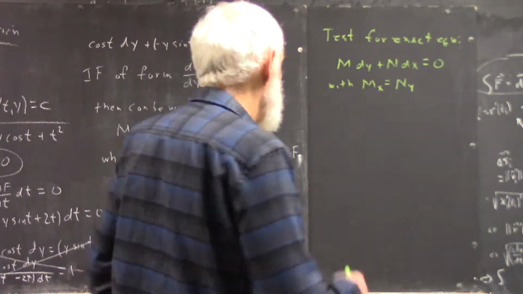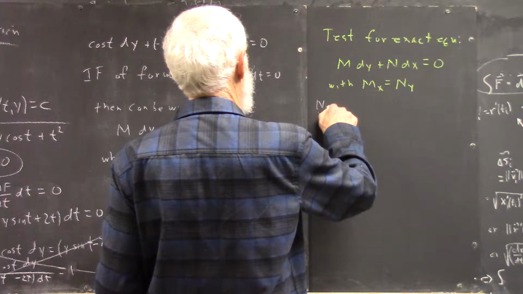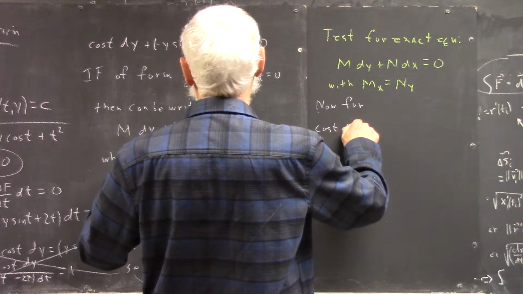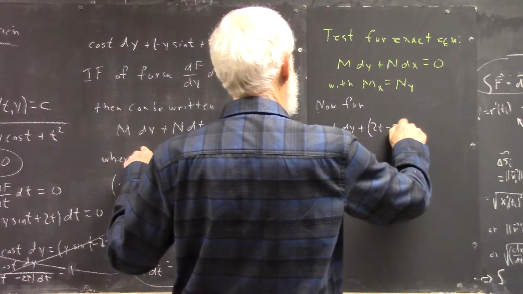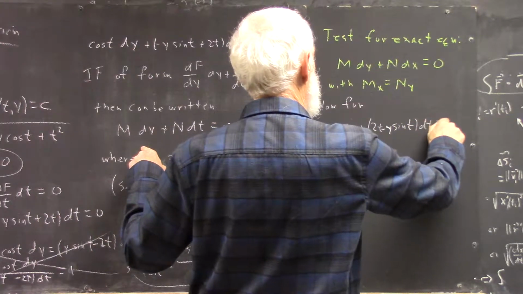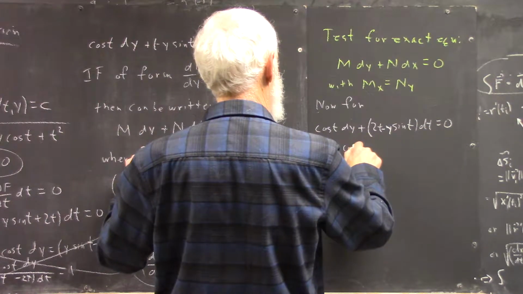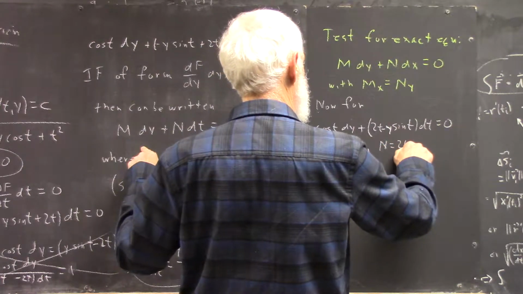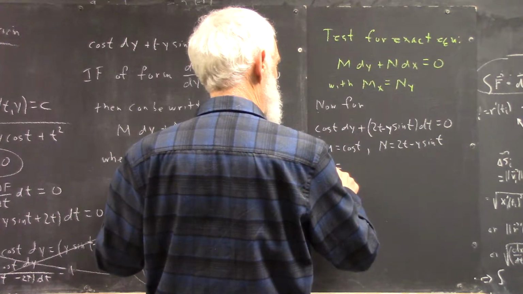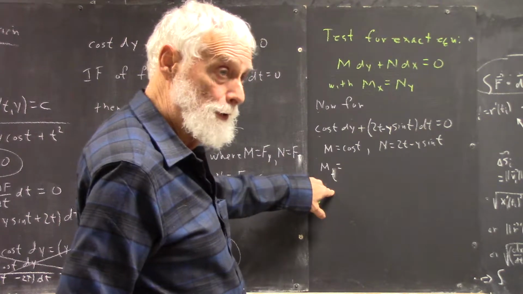Now, is it true that for the equation cosine t dy plus (2t minus y sine t) dt equals 0, you're going to take the x derivative of M, but we're using t, so it'll be the t derivative.